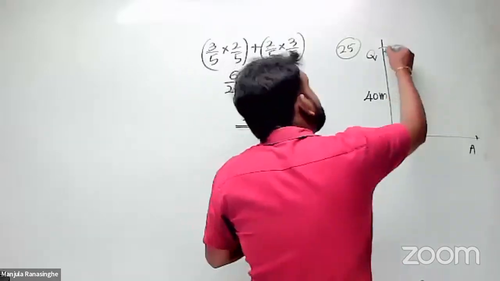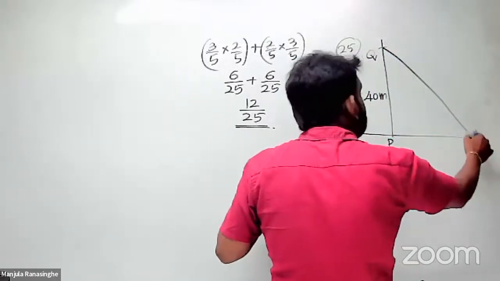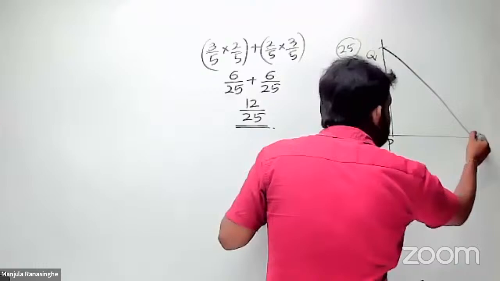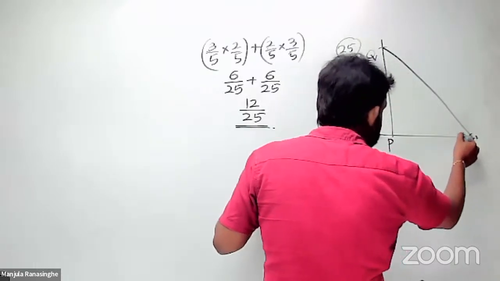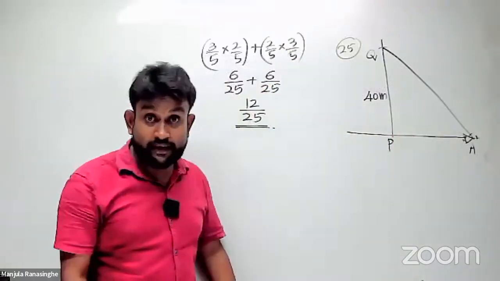From A, Q is looking. So you have to see this is the eye level, the eye level is PA.